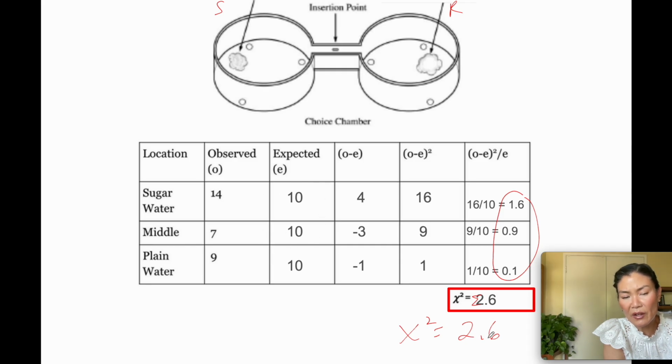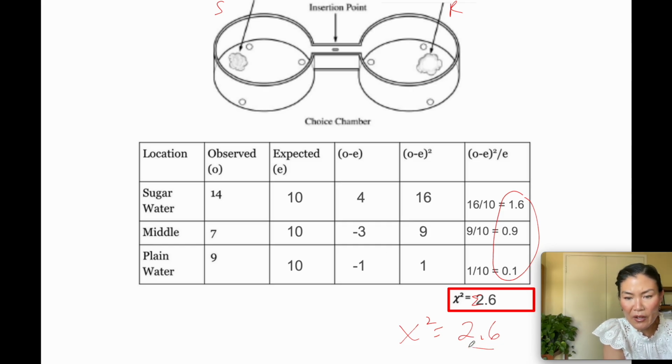If our chi-square value is a big number compared to the standard, then there is a big difference between observed and expected. Whereas if our chi-square value is smaller than the critical value, than that limit, then there is not a statistically significant difference between the observed and the expected, okay?